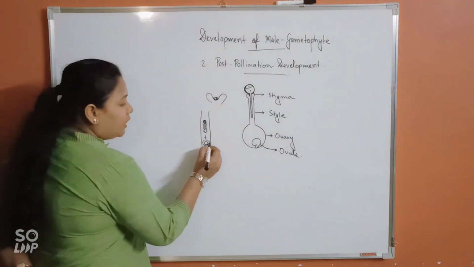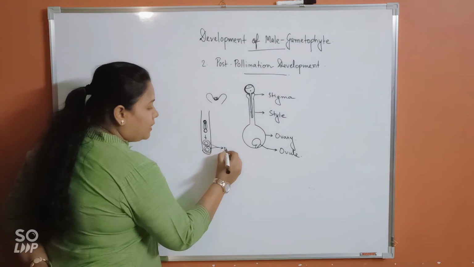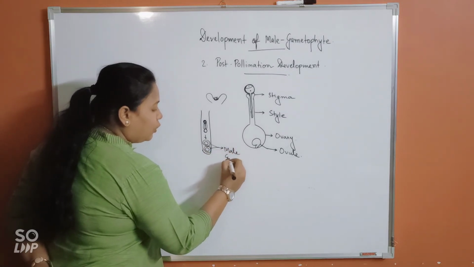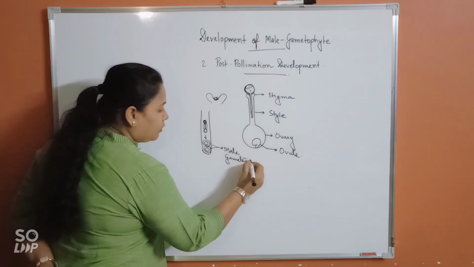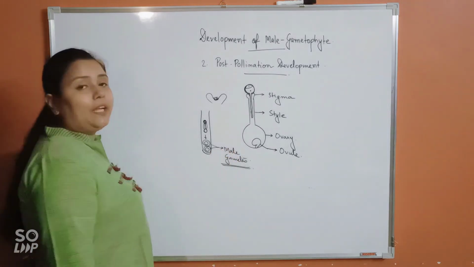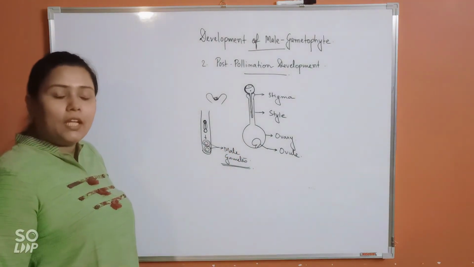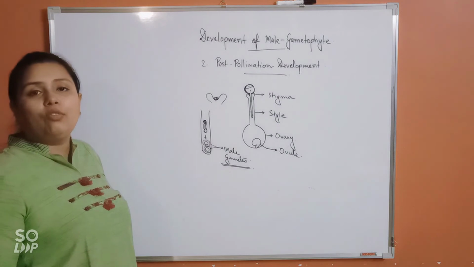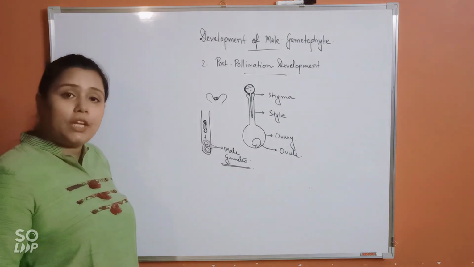So like this, two male gametes are going to be formed inside the pollen tube, by a single round of mitosis in the generative cell.